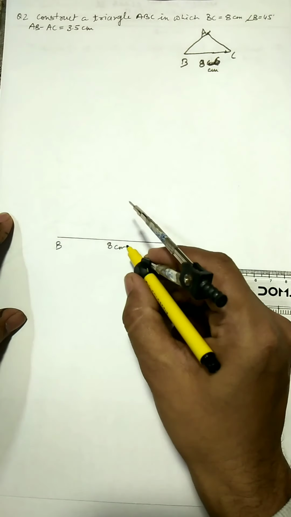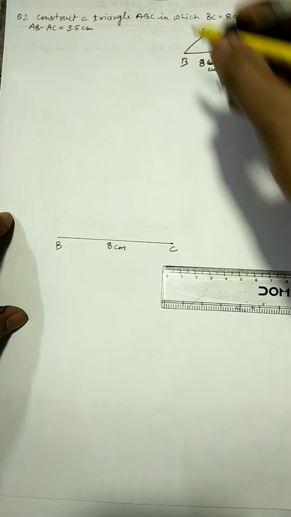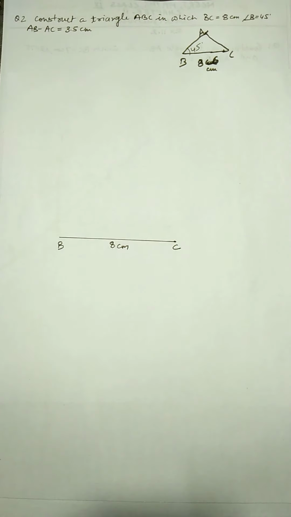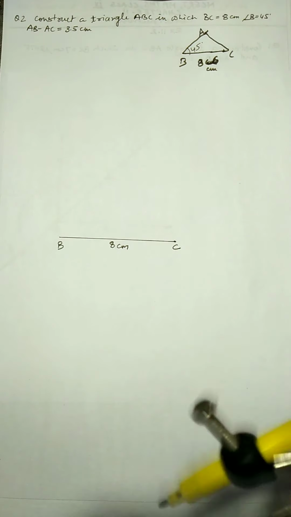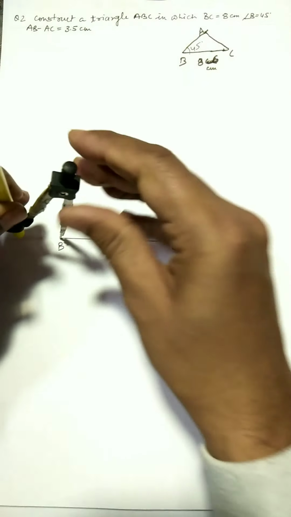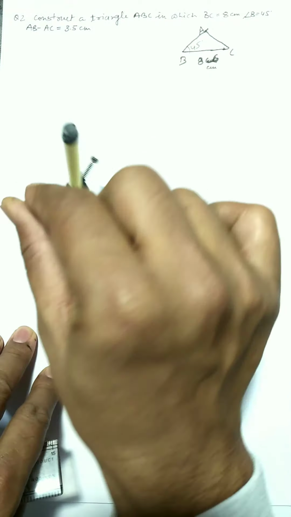Now you have to draw angle 45 degree. You can see in your rough figure this angle is 45 degree. After drawing BC 8 centimeter, you draw a 45 degree angle at B. For this you have to draw a 90 degree angle first.